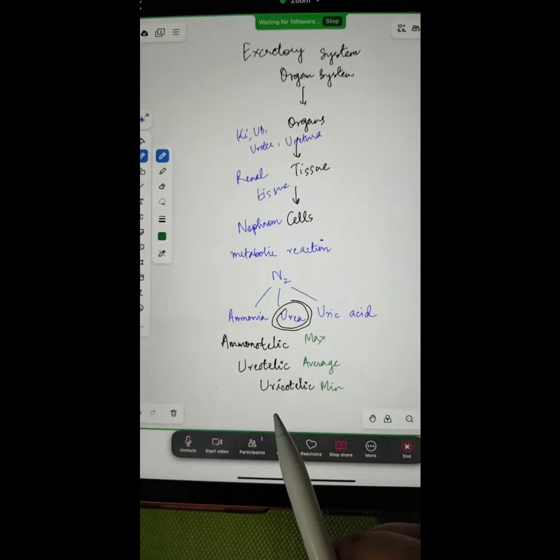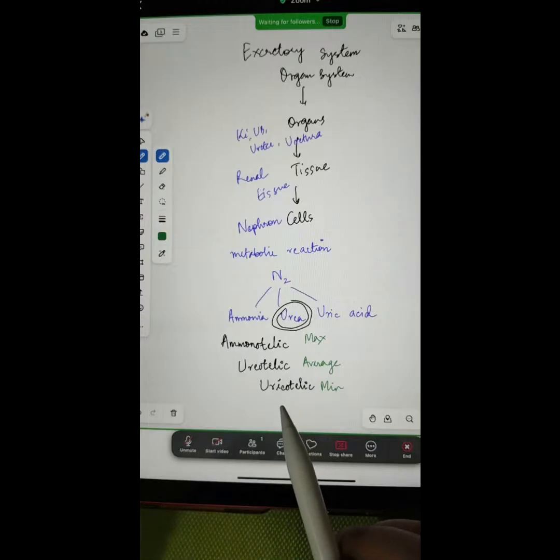But metabolic reactions convert this nitrogen into a toxic form, which is removed by the excretory system in the form of urine by humans. All living organisms excrete waste only in the form of nitrogen. That is why whenever a question of excretion comes, you should definitely write nitrogenous waste because it is a key word.